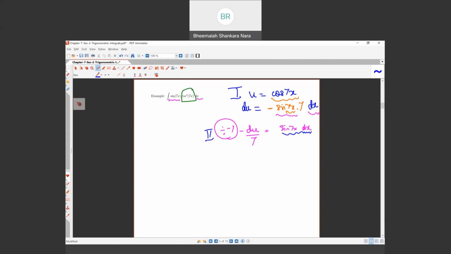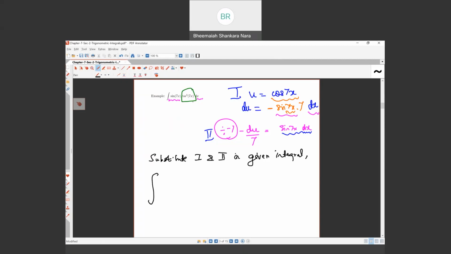You say substitute 1 and 2 in the given integral. So the given integral is written as integral, you have cosine to the 4 of 7x.